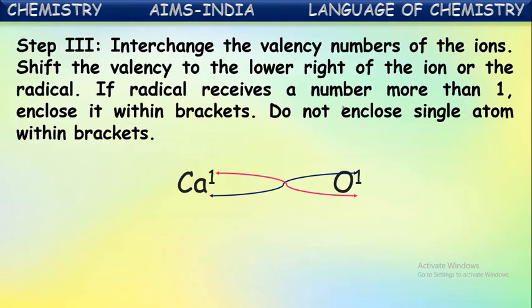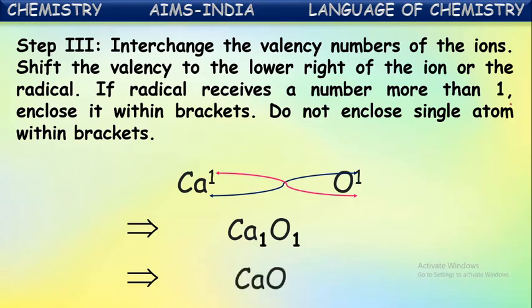If a radical receives a number more than 1, we keep it in brackets. If it is 1, we need not keep any bracket. And if the number obtained finally is 1, we need not mention it in the formula. So the final formula becomes CaO. The formula of the compound calcium oxide is CaO.